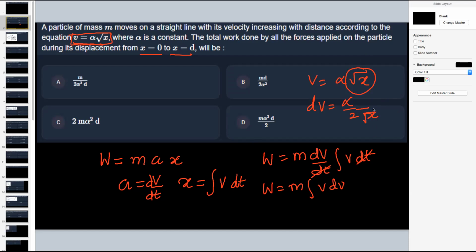Yes, root x differentiation is 1 by 2 root x. Is it correct? Okay. Now you substitute it.